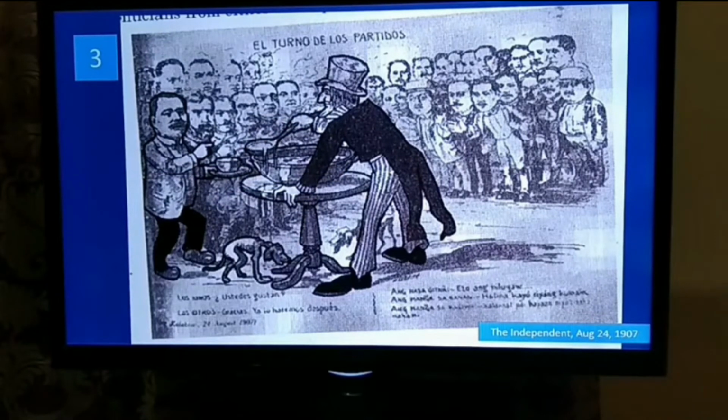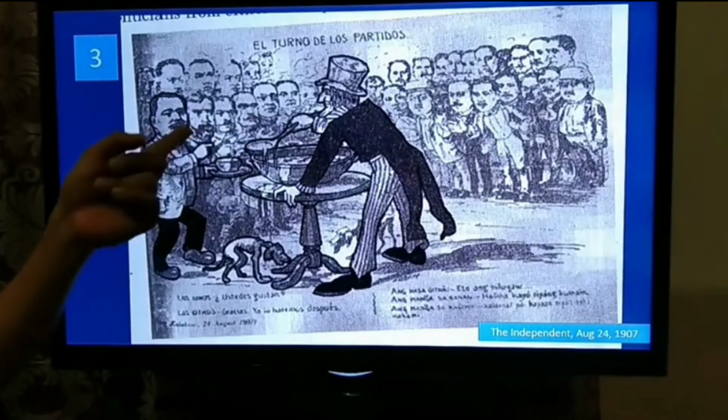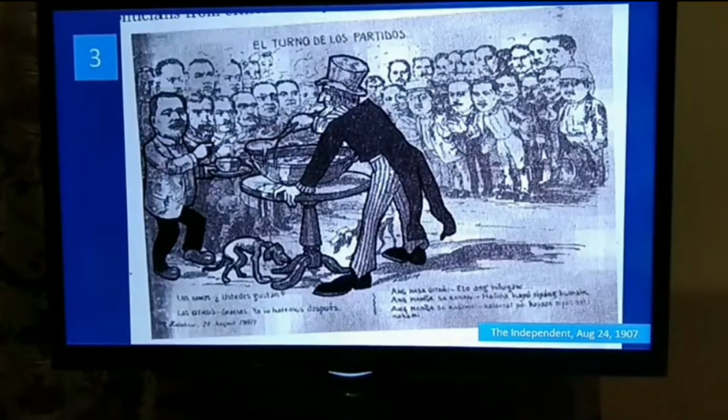And what is he doing? He is serving soup. To whom? So we see here a figure and everybody's in line. They are waiting for Uncle Sam to give them some soup. They have a mustache. They look like old people, but prominent in society.